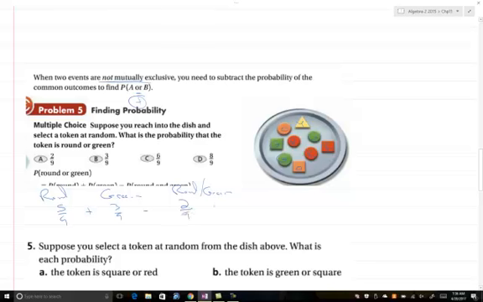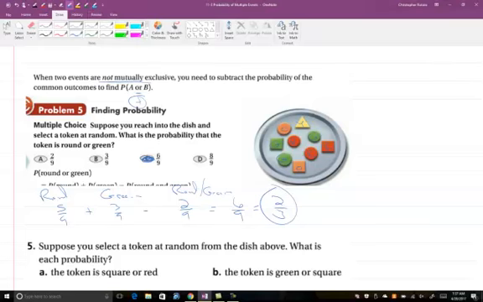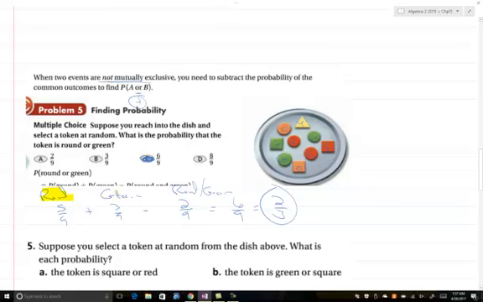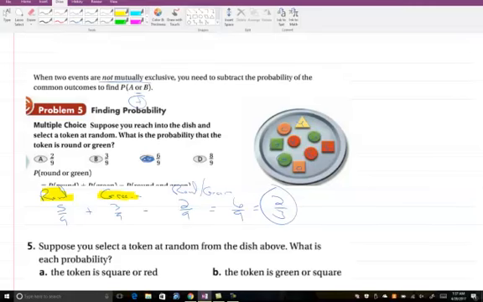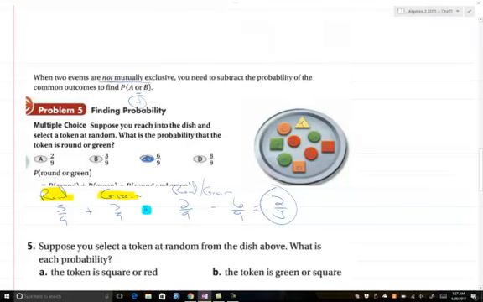So we're going to subtract out 2, so 6 out of 9, or 2/3, 0.6 repeating. Oh wait, they didn't reduce it, so C becomes our answer. So we have to watch if anything counts in both categories, round and green, then we have to make sure we subtract anything we've counted twice.